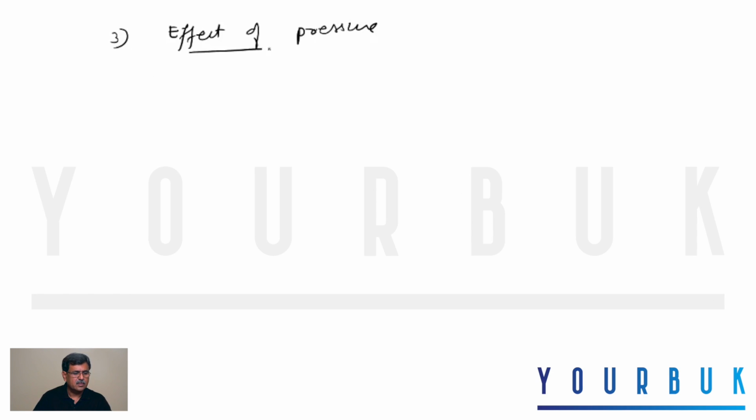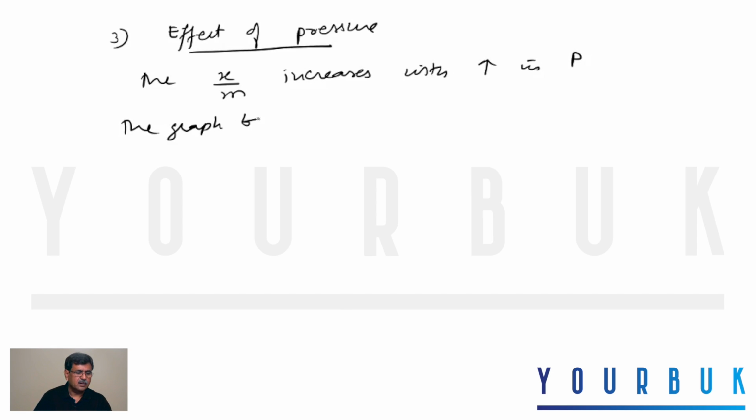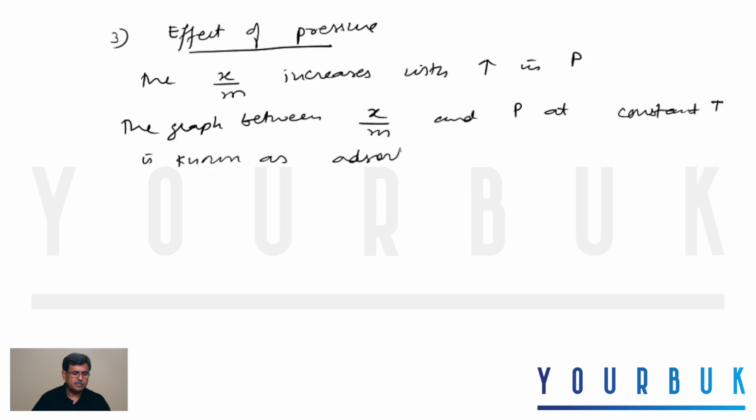Now the extent of adsorption, the x by m, increases with increase in pressure, and the graph between x by m and pressure at constant temperature is known as adsorption isotherm. This is a very, very important term.